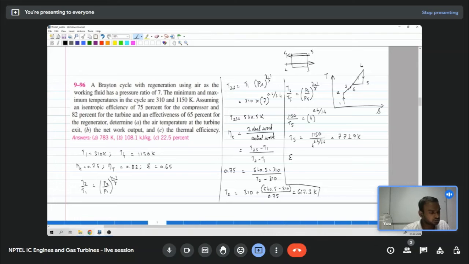So effectiveness is T3 minus T2 divided by T5 minus T2.